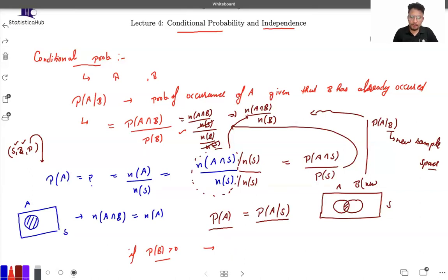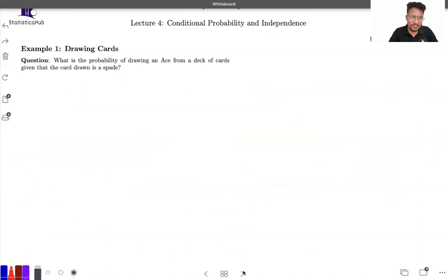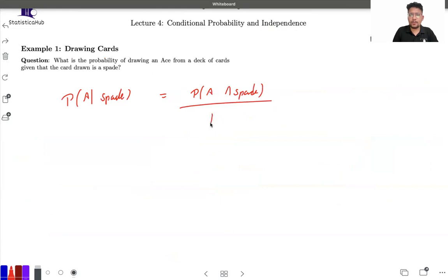Moving ahead, we have an example. What is the probability of drawing an ace from a deck of cards, given that the card is a spade? So you have to find the probability of getting an ace, given that you have a spade. Simple formula: probability of ace and spade divided by probability of spade.